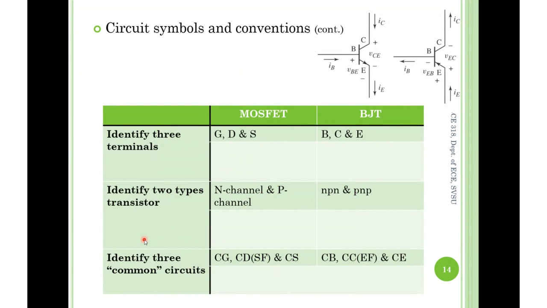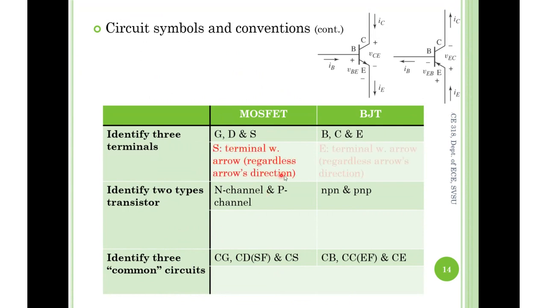Once again, I like the summary thing a lot. We are comparing MOSFET and BJT in parallel. Three terminals, GDS versus BCE. How do we identify them?